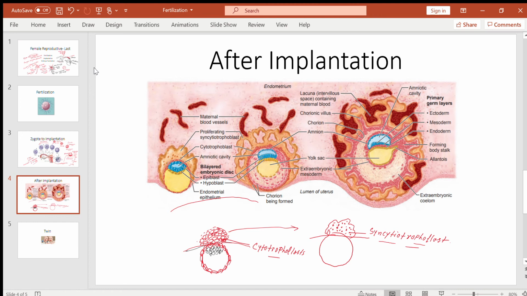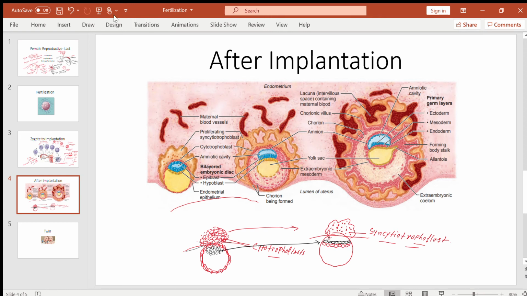Okay, so here you have the inner cell mass, right? So this inner cell mass will do what? It will form three layers. The cells of the inner cell mass will form how many layers? There are three layers. Eventually they will line up.